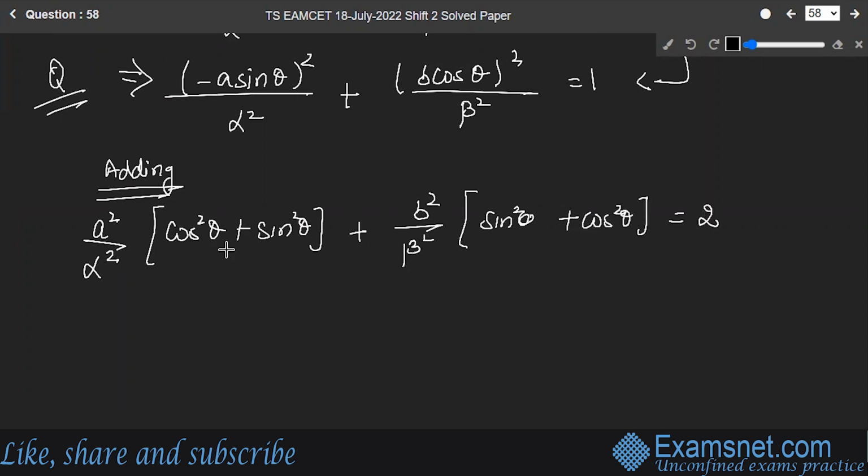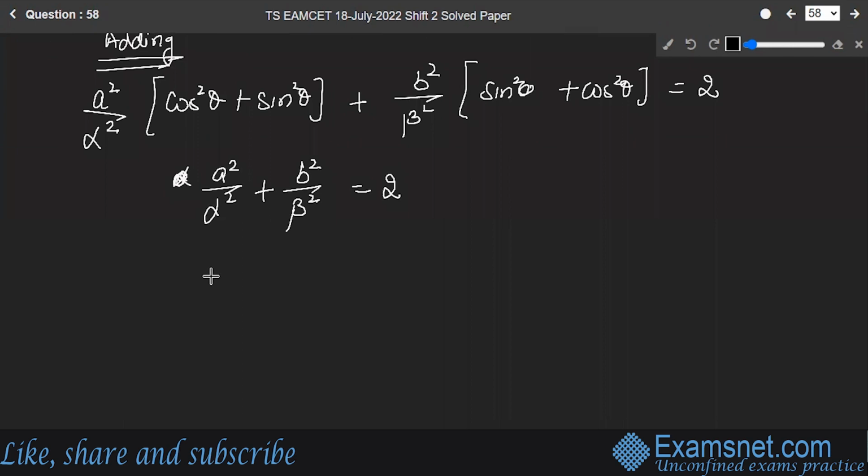This is equal to 2. You know, this is equal to 1. So a square upon alpha square plus b square upon beta square is equal to 2. Let's take the LCM. You will have a square beta square plus b square alpha square is equal to 2 alpha square beta square.